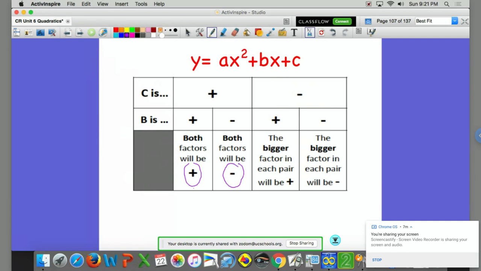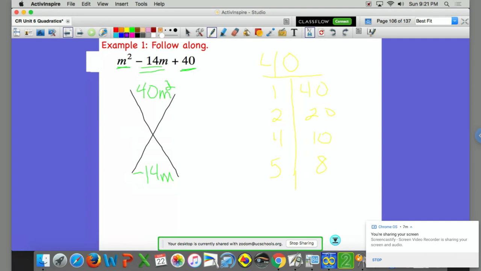So if we go back to this problem, we will notice that our C, which is 40, is positive and our B is negative. So what that tells me is that both our factors have to be negative. So now we can look at this and say, well, which pair of numbers will add up to give me negative 14?